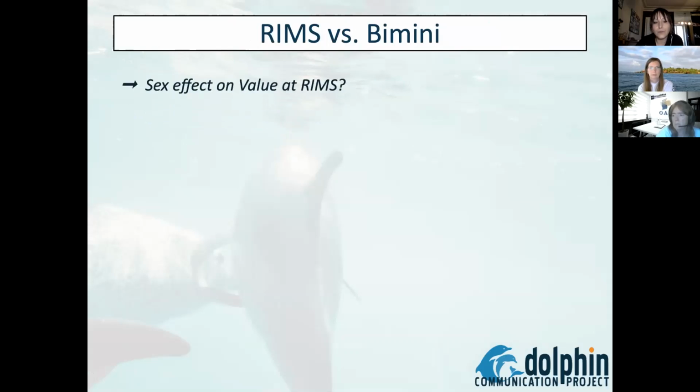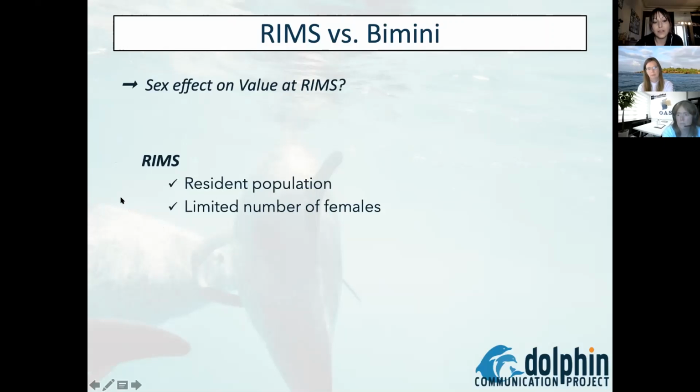If we look more closely at the RIMS population, we can see that it's a resident population because they are in managed care, they live year-round at the same place. There is no incoming or leaving individuals. And this means that the male will have access to a limited number of reproductive females, and will have to compete for female access.